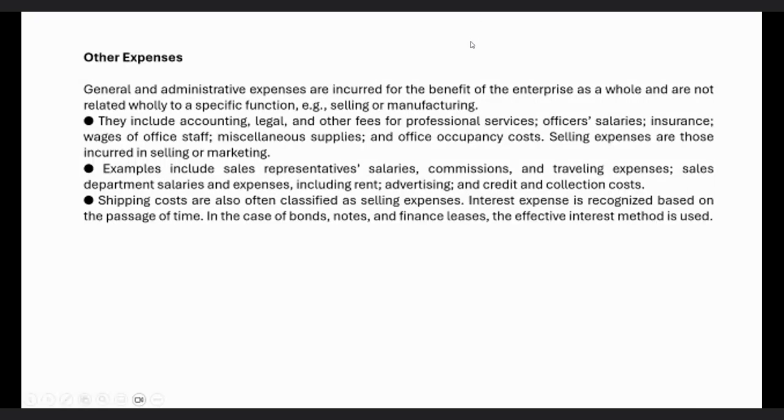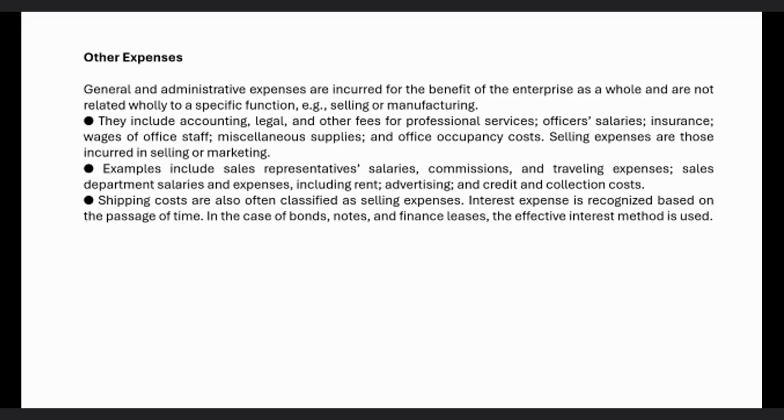About other expenses, general and administrative expenses are incurred for the benefit of the enterprise as a whole and are not related wholly to a specific function, selling or manufacturing. They include accounting, legal, and other fees for professional services, officers' salaries, insurance, wages of office staff, miscellaneous supplies, and other occupancy costs.